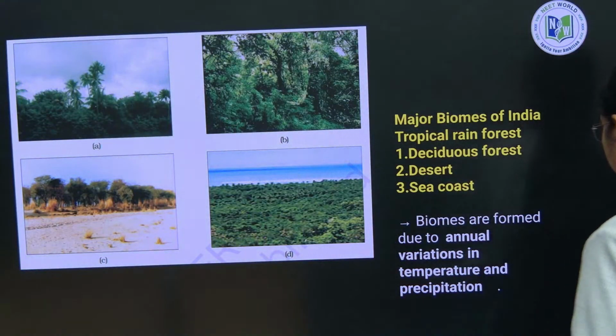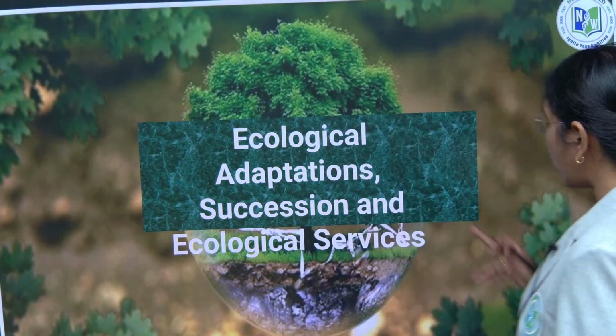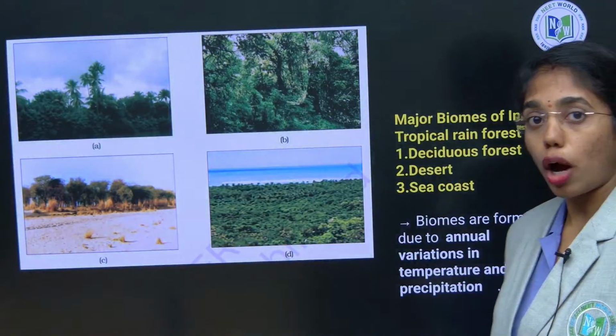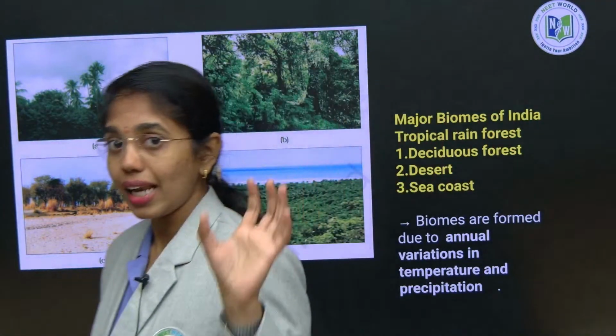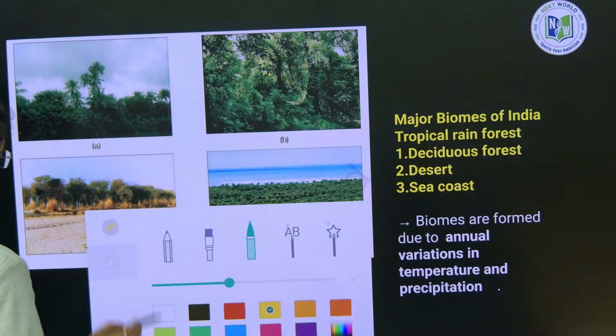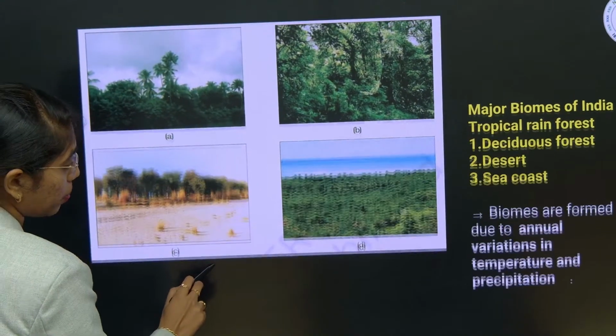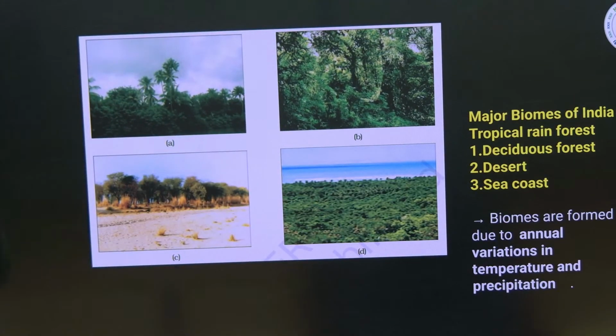First it is about biomes. So, how are biomes formed? What is the level of hierarchy? Biome is the topmost domain in the ecological hierarchy, which starts from the organism. A group of organisms living in a particular place will form a population.